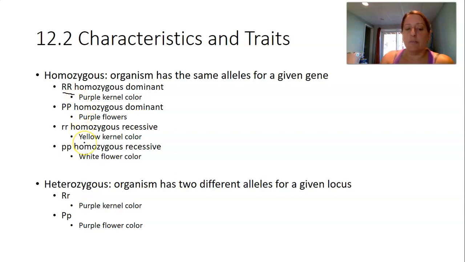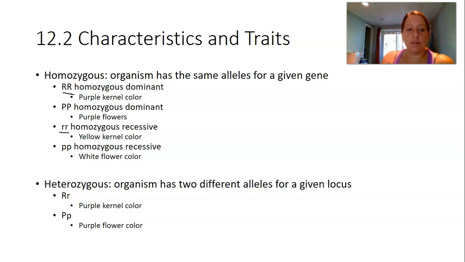If we have yellow kernels, those would be little r, little r, homozygous recessive. So again, the term homozygous tells you two of the same alleles. If they're two dominant alleles, it's going to be a homozygous dominant. If it's two recessive alleles, it's going to be a homozygous recessive.